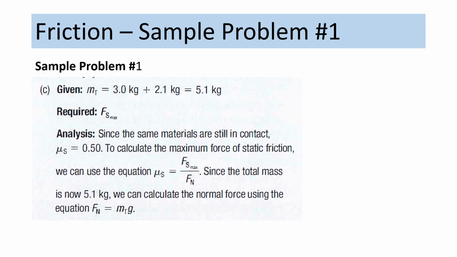To calculate the maximum force of static friction, use the equation μS equals Fs max divided by Fn. Since the total mass is now 5.1 kilograms, we can calculate the normal force using Fn, for normal, is mass T times g.